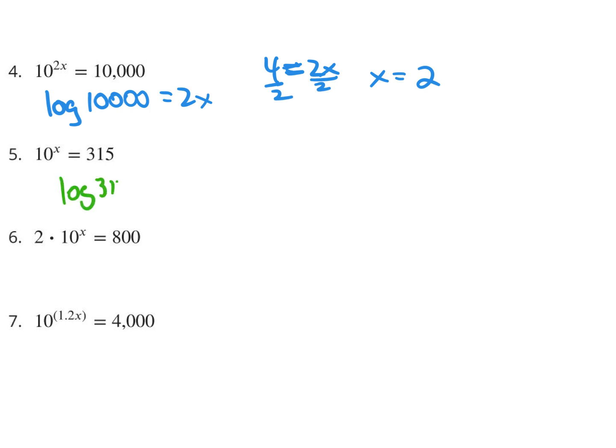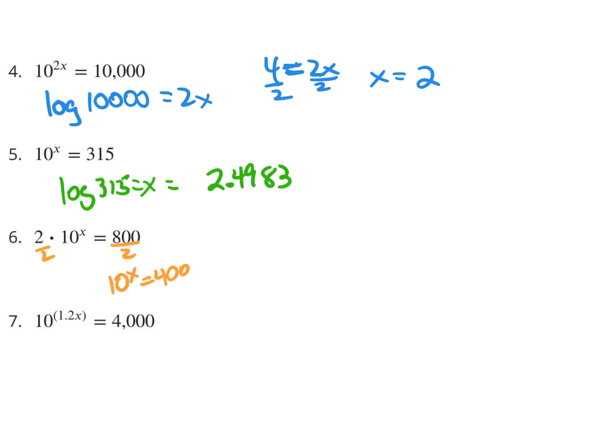Log 315 equals x, which equals, log is next to the 7, 315 gives us 2.4983183. Divide by 2, divide by 2. 10 to the x equals 400.